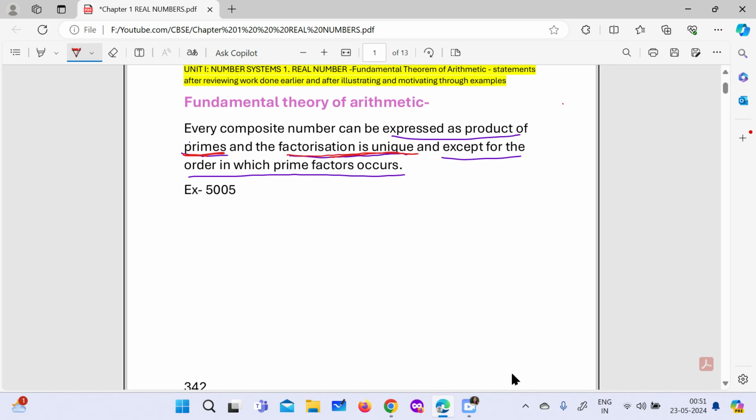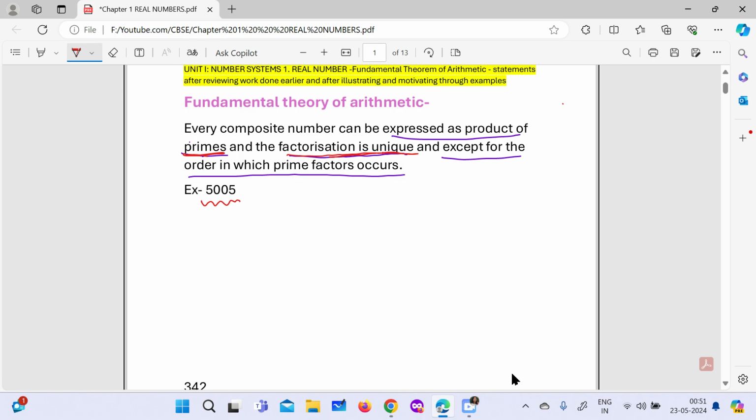Every number will have one unique factorization. We can only change the order of the prime factors.